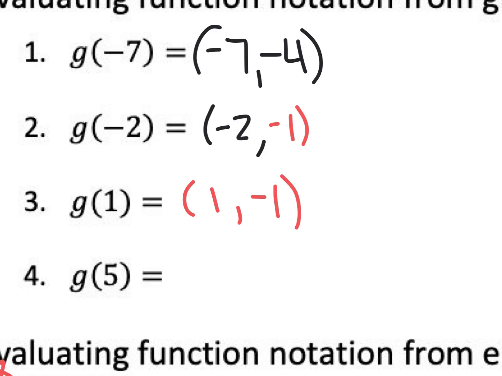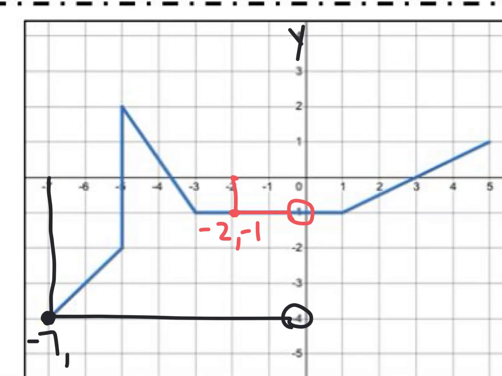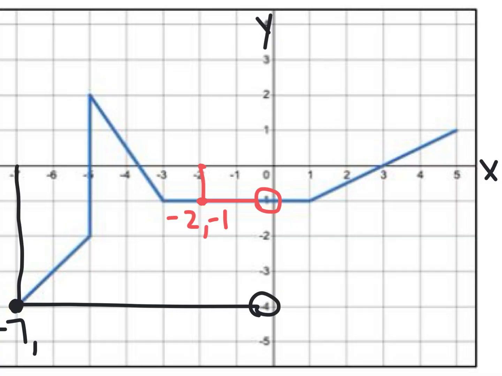And I saw that on lots of papers. Okay, what about 4? G of 5. What does that mean? 5 is x. And on our graph, it was 1. Very nice. And I saw some people that were drawing the lines, and I saw some people that were like, I don't need to draw the line. I can just see it, and that's fine too, as long as you can follow what you're doing. Thoughts?